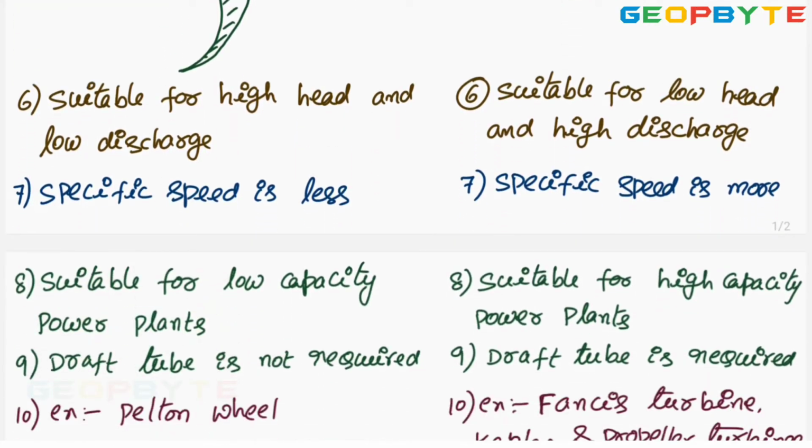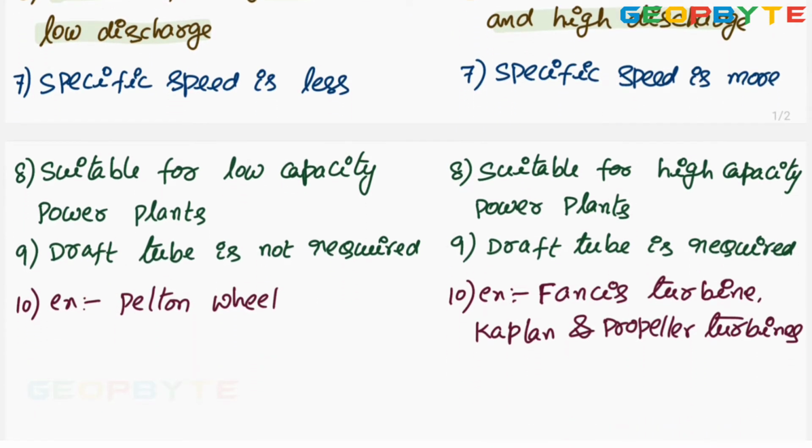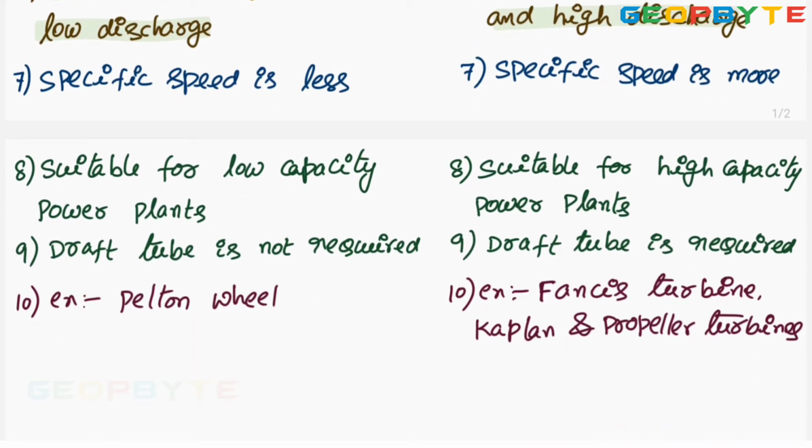Next, generally impulse turbines are suitable for high head and low discharge, whereas reaction turbines are low head and high discharge turbines. The specific speed of the impulse turbine is less, whereas the specific speed of the reaction turbine is high.